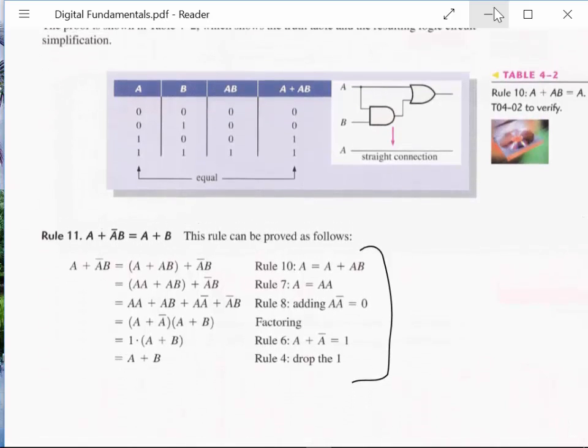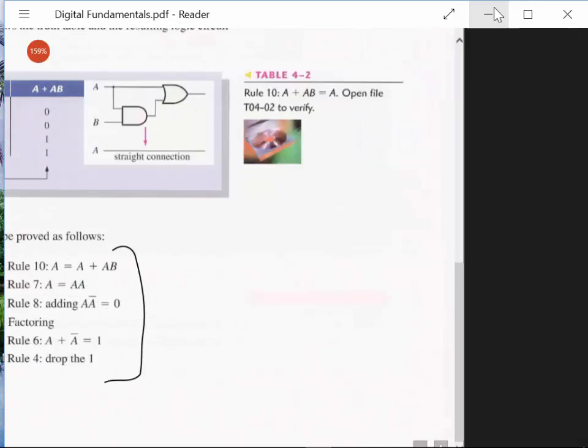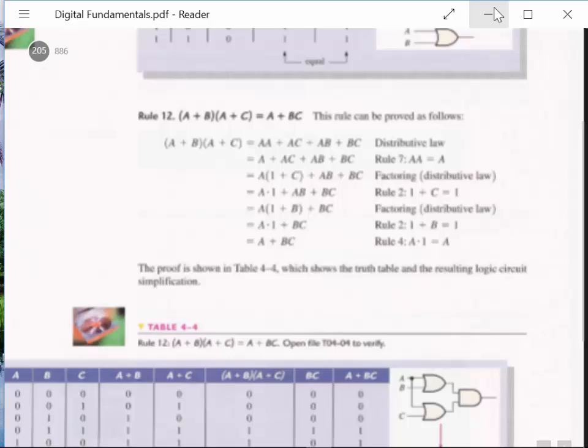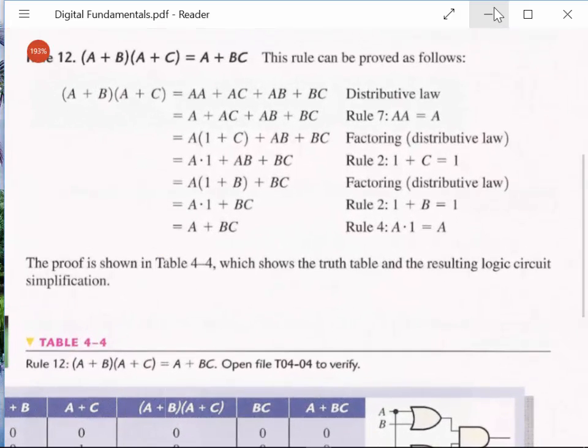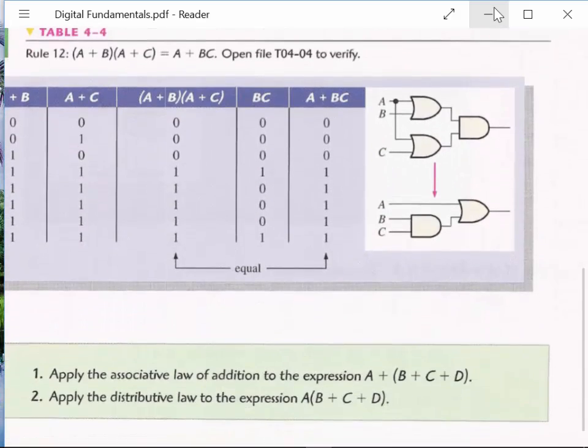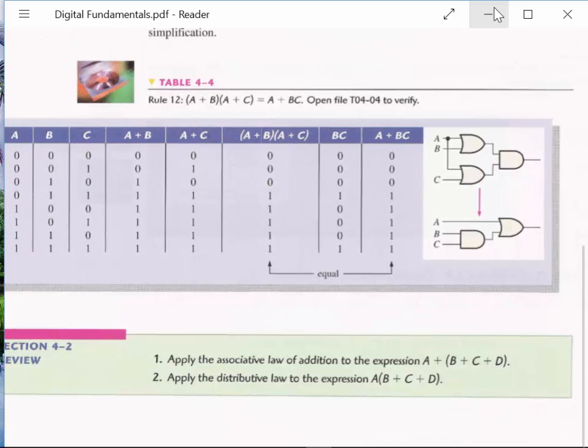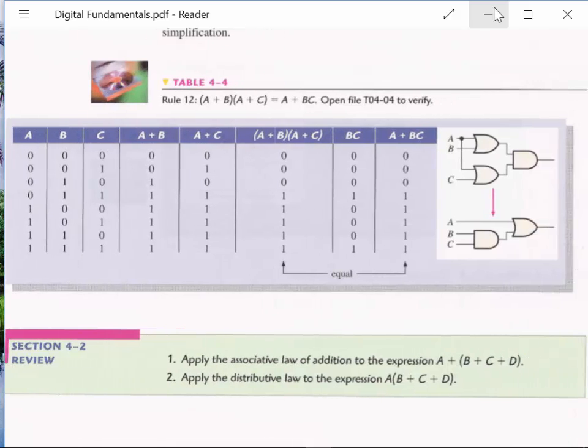It's not quite as obvious, but this one here I just remember. I don't go through the proof on that one. So those are the basic rules. And this is the one that I just went through. Then Rule 12, here they're going through with the truth table to verify it.